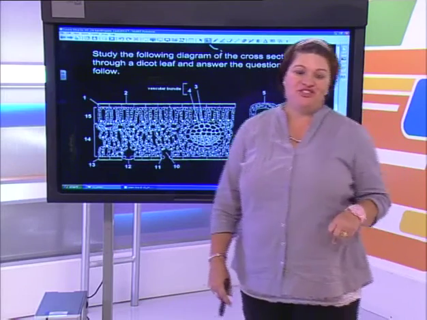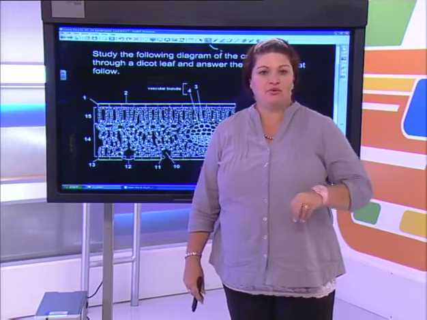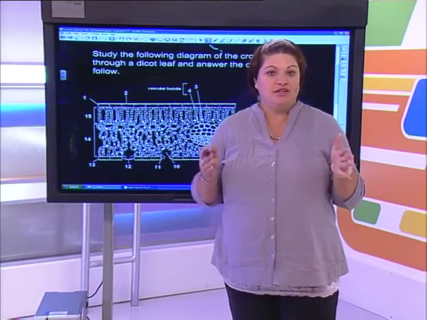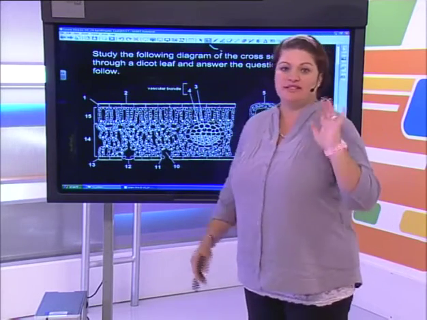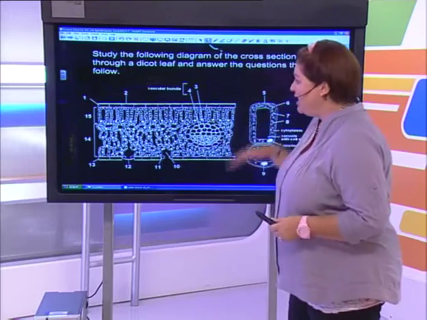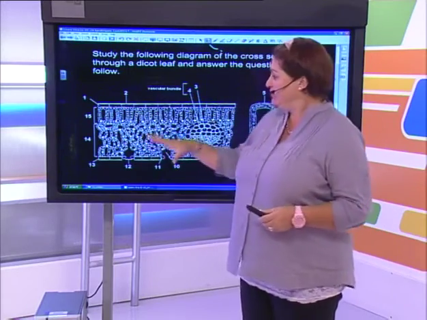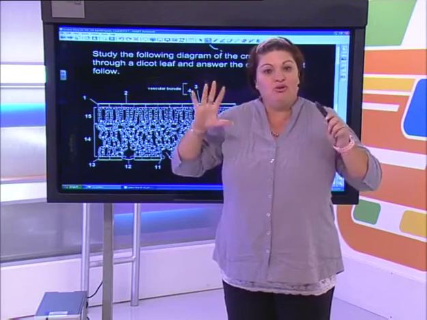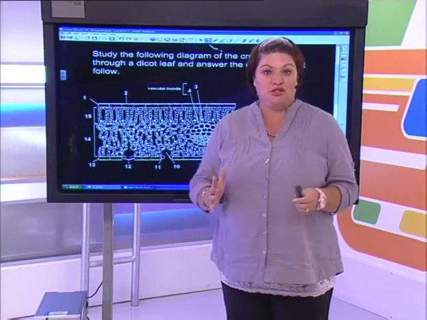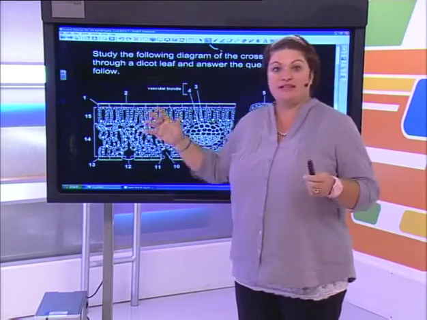Okay, now we're going to start off with looking at the types of questions you can expect on the leaf. I know exams and tests are the least of your favorites, but at least we need to get you prepared. When we look at the question, what you first do is use the pictures. Here is a diagram.